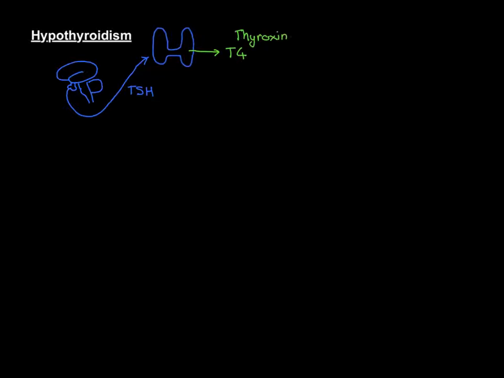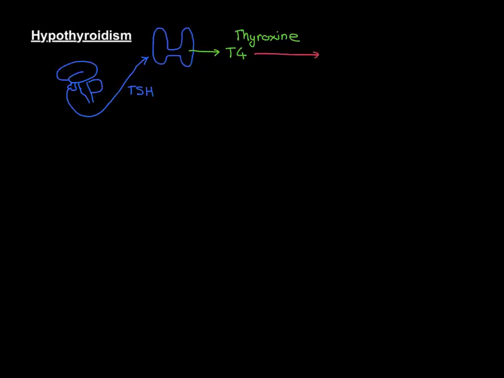Thyroxine then is moved around the body within the bloodstream. It binds to a special protein that carries it around the body, and it's distributed to all the different tissues of the body, and at the site where it's going to work, it is converted into its active form. So remember, T4 is not actually the form that's going to bind to a receptor and take effect in the tissue.